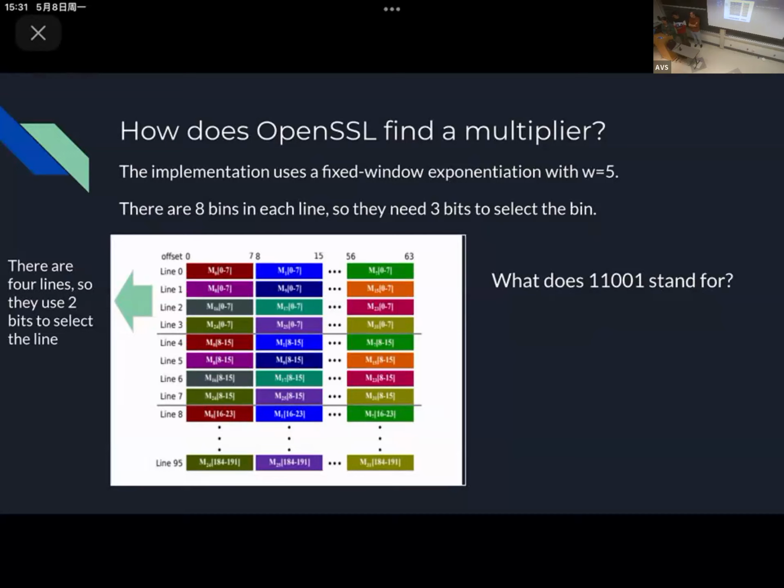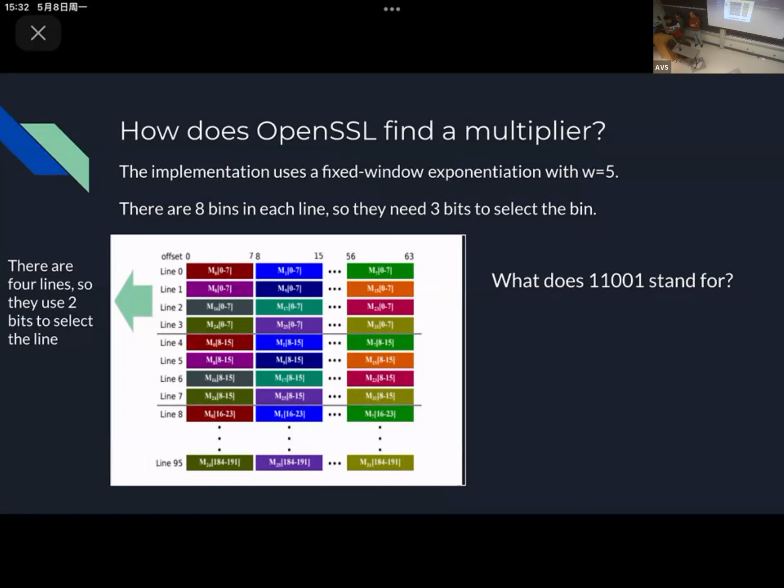There are 8 bins in each line, so we need 3 bits to do bin selection, and there are 4 lines, so we need 2 bits for line selection. For example, with 11001, the 11 is line 3, and 001 is bin 1. So it's essentially the purple one, the multiplier 25 from bit 0 to 7.